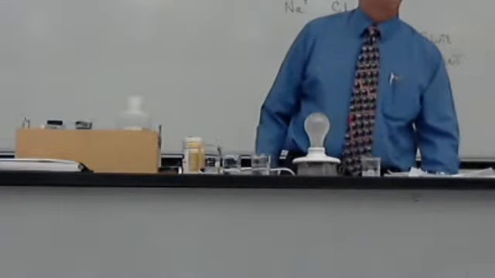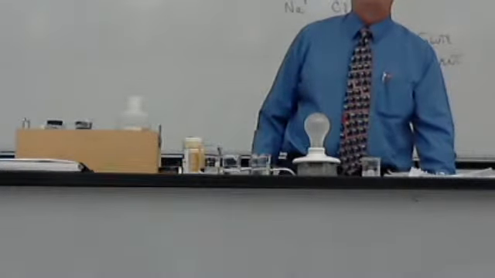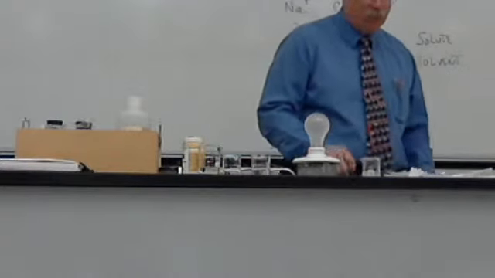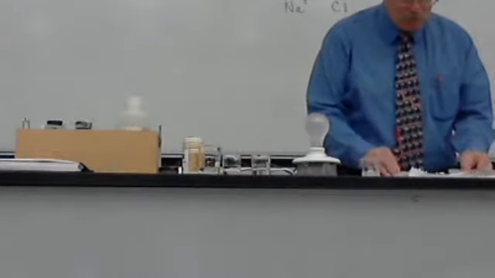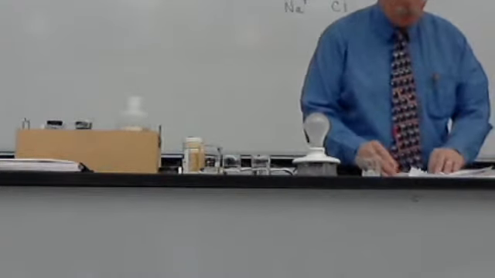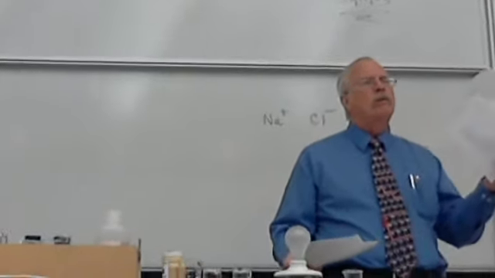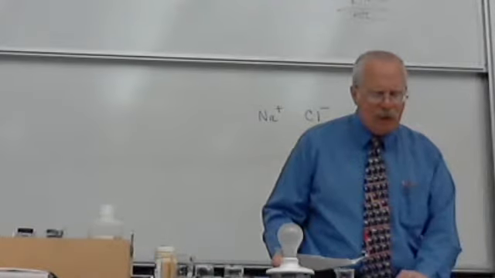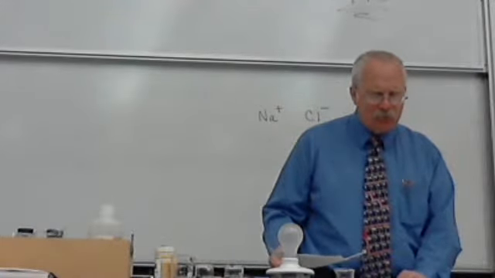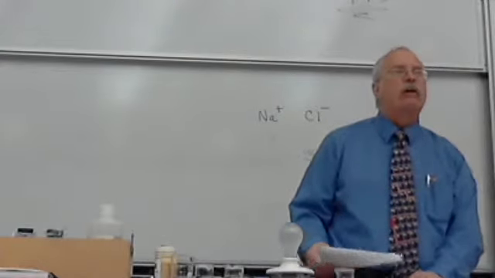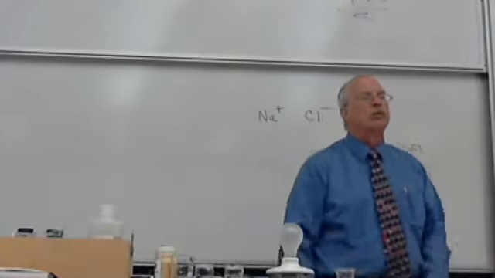Yeah? How do you know if the ion is dissolved in water? There are some rules that we can go by. In fact, let me see. I think there's a set of rules in this chapter in your book. They have a table. Yeah, table 4.1 is a guideline of ions that will dissolve in water, and it tells you what some of the insoluble ones are and what some of the exceptions are to the general rules.